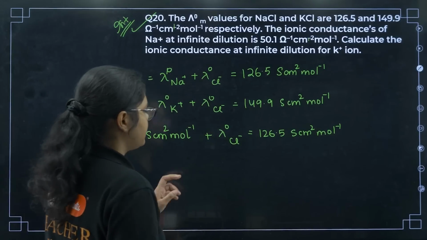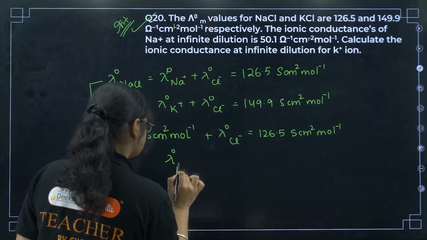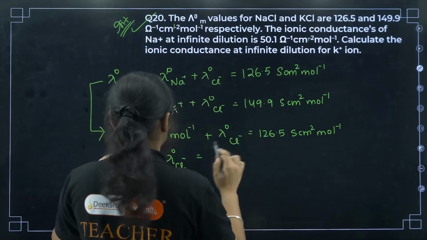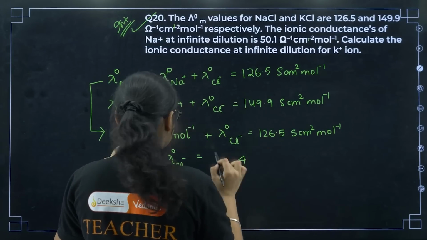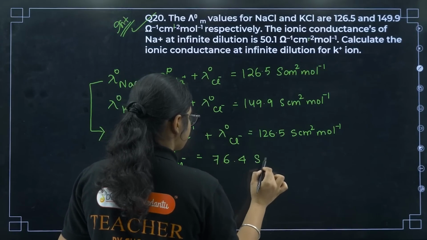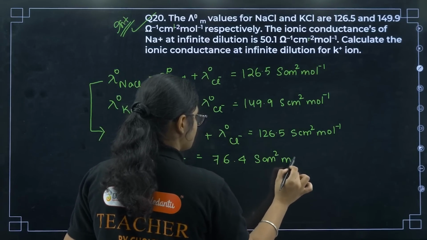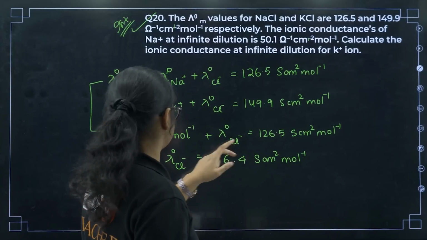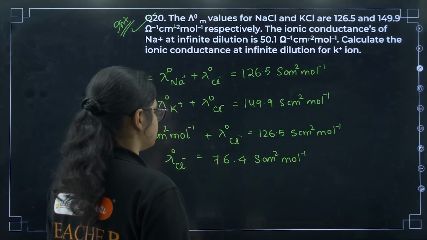Next, if I just subtract this one, 126.5 minus 50.1: 5 minus 1 is 4, 6 minus 0 is 6, then 12 minus 5 is 7. So we will get this value.